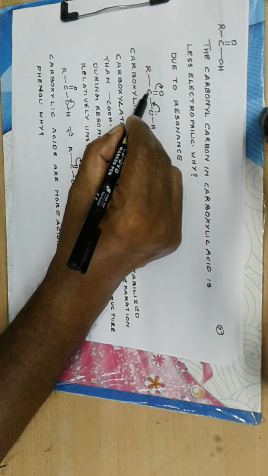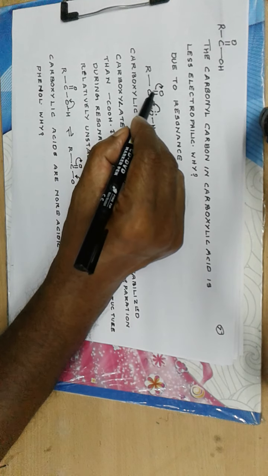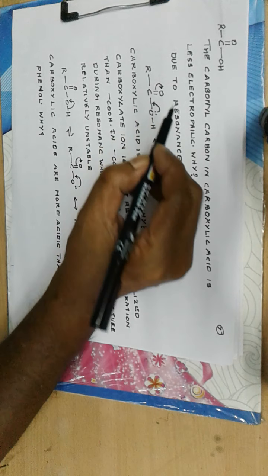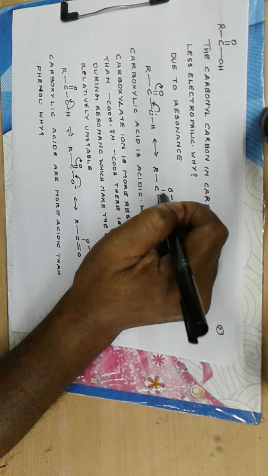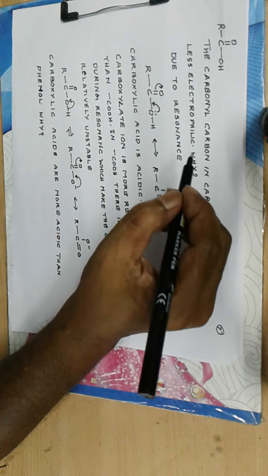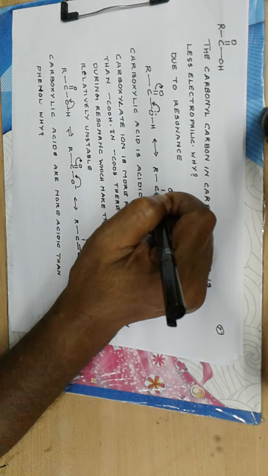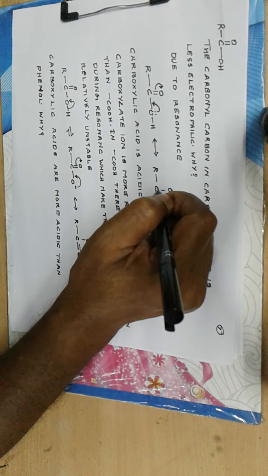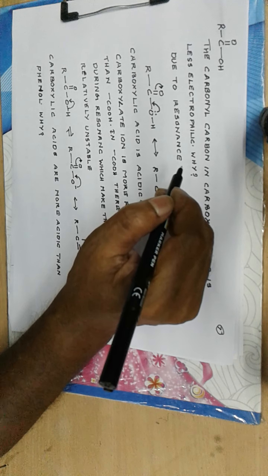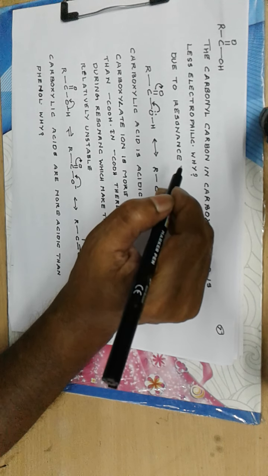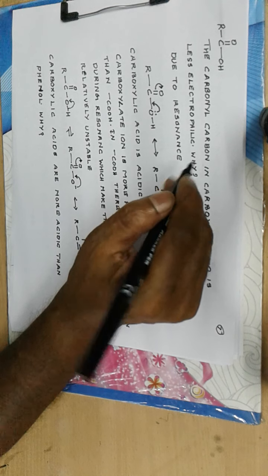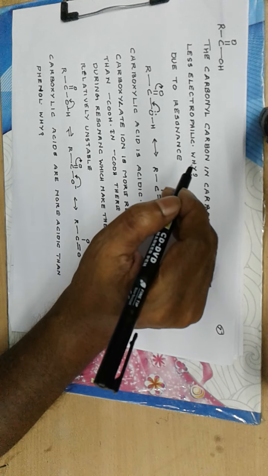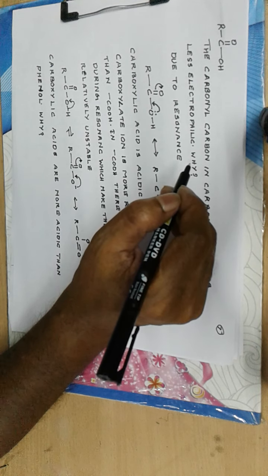The valency of this carbon increases, so this CO bond polarizes in this direction, and we get a canonical structure. Since there is pi bond character of this bond in the resonance hybrid, the carbon atom will have more electron density around it, so it has lesser positive charge and is less electrophilic in character.